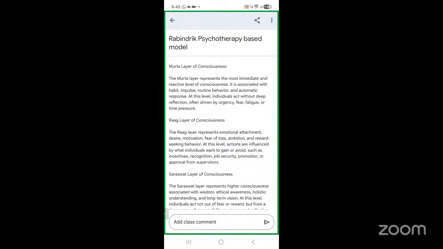The Rag layer represents emotional attachment, desire, motivation, fear of loss, ambition, and reward-seeking behavior. At this level, actions are influenced by what individuals want to gain or avoid, such as incentive, recognition, job security, promotion, or approval from supervisors.